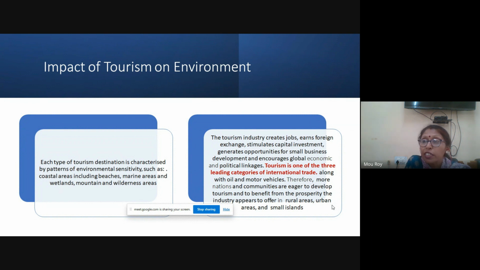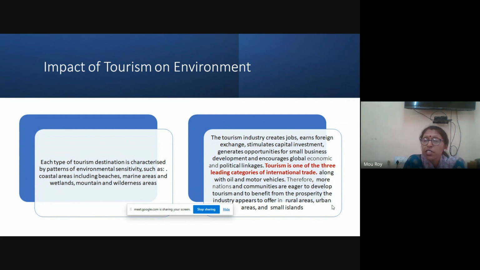See, in urban areas you'll find hotels, star category hotels. Travelers come to urban areas on official visits or business trips, so you'll have hotels which facilitate the requirements of the guests.